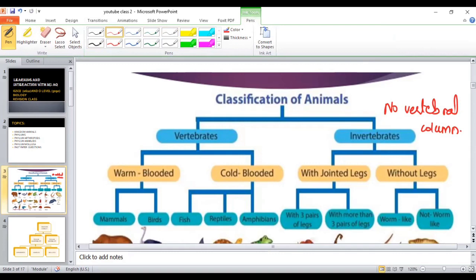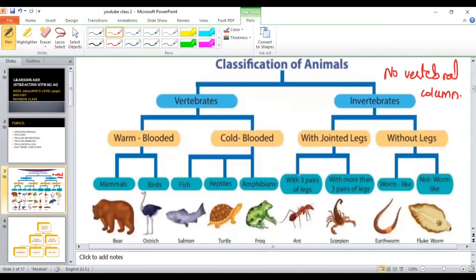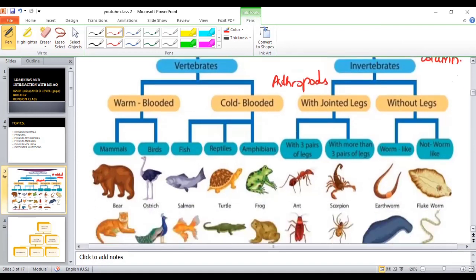And if we are talking about jointed legs, we have three pairs of legs, more than three pairs, different jointed legs are there. When we talk about jointed legs, we are actually talking about arthropods. Then without legs, we will discuss annelids, mollusca, platyhelminthes, and different types of living organisms.